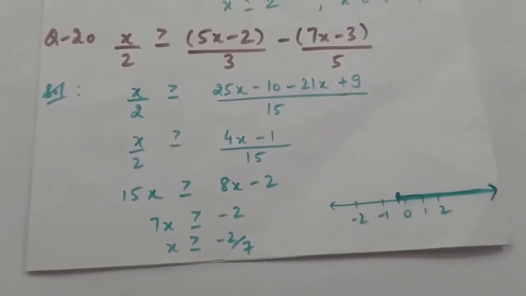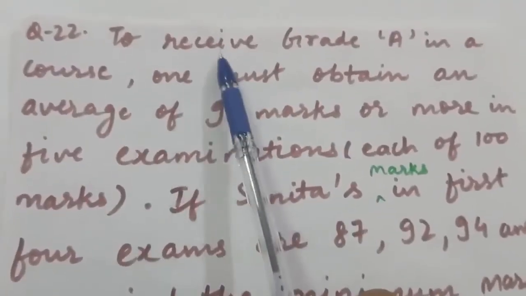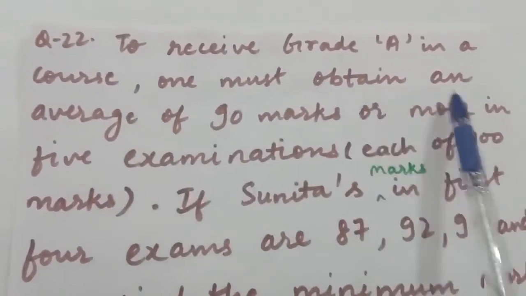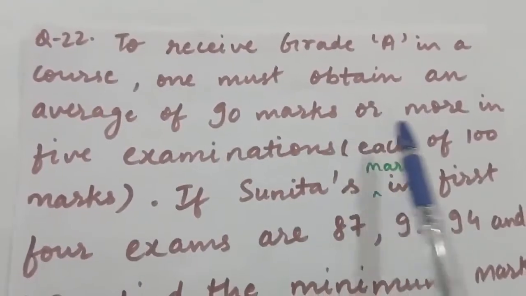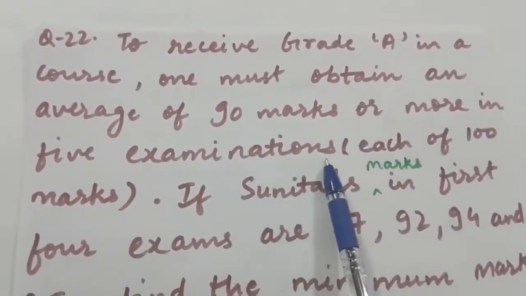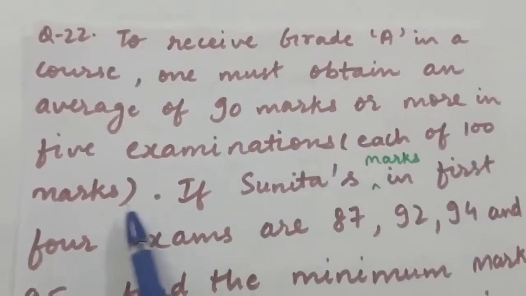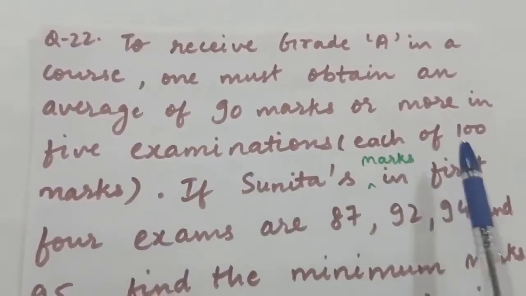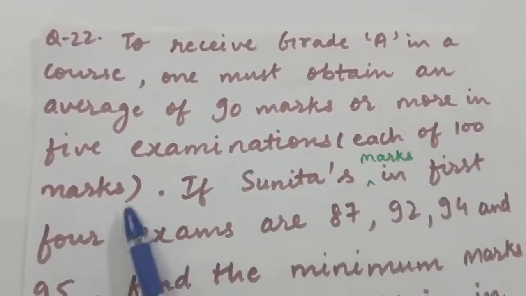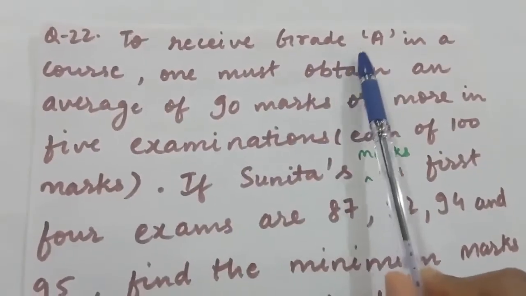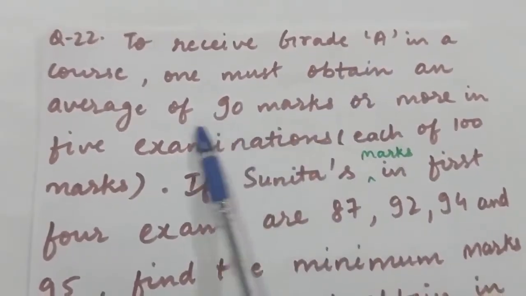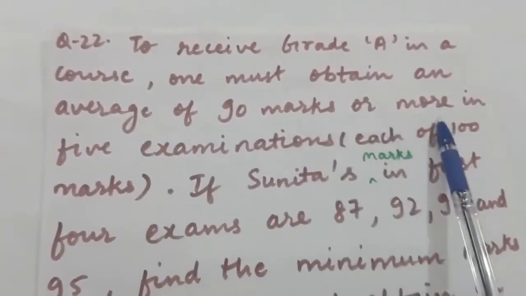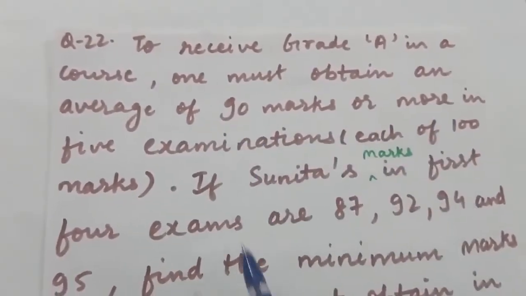Okay, number 22. To receive grade A in a course, one must obtain an average of 90 marks or more in 5 examinations, each of 100 marks. There are 5 examinations, each of 100 marks, and to get grade A a student must obtain an average of 90 marks or more, that is, at least 90 marks.